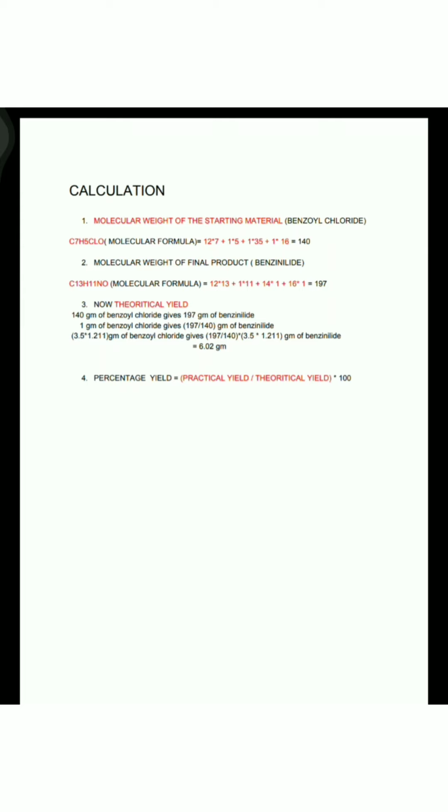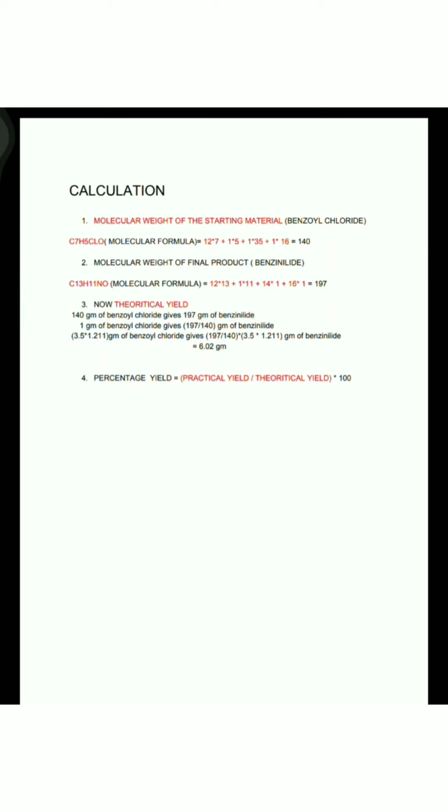Now the calculation comes for how we will calculate the theoretical yield. Taking it that 140 grams of benzoyl chloride gives 197 grams of benzanilide, 1 gram of benzoyl chloride will give 197 by 140 grams of benzanilide. Corresponding to how much benzoyl chloride we have taken, we have taken 3.5 ml.